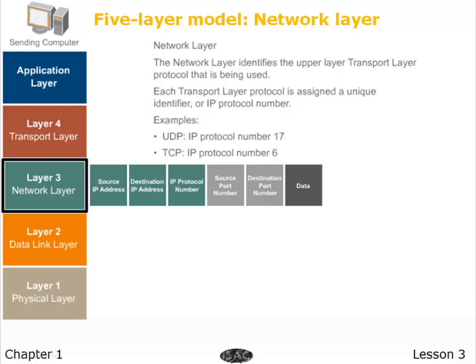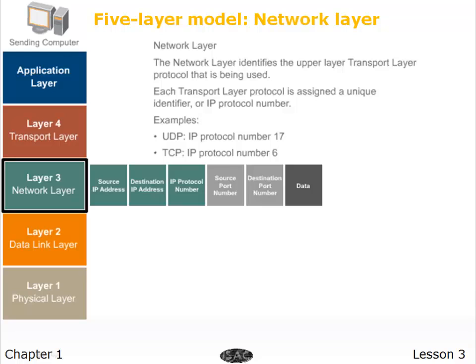UDP is 17 and TCP is 6. Also, the network layer adds the source IP address and destination IP address as a header. So overall we have 5 headers added to the data.